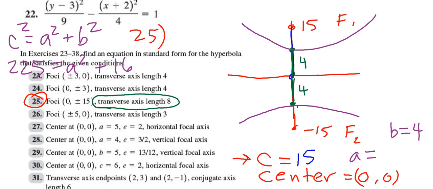How do you solve that? Don't you just subtract 16 and take a square root? So square root of 209, which is approximately 14.45 or 14.5.